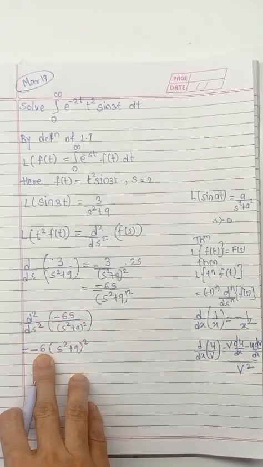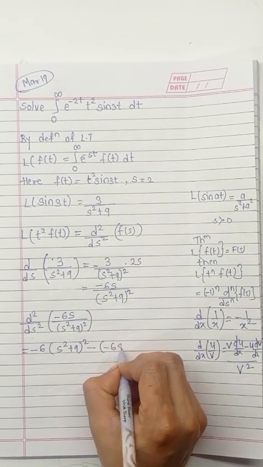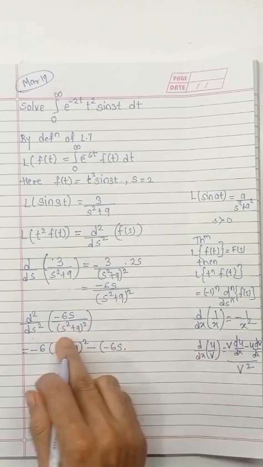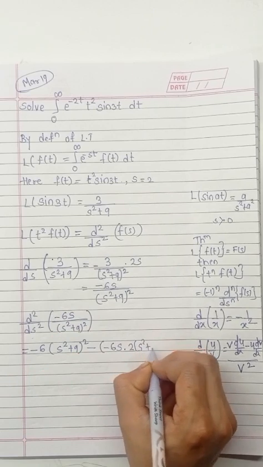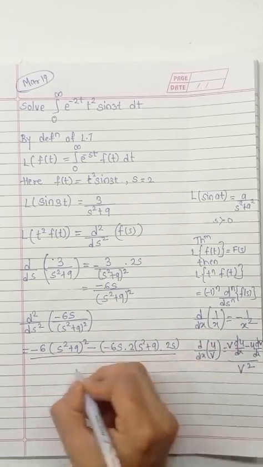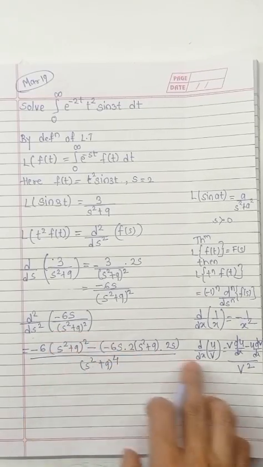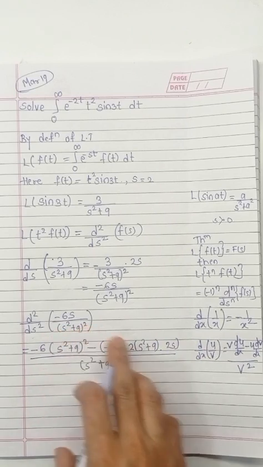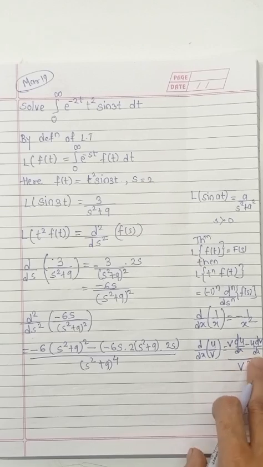The derivative of minus 6s becomes minus 6. Minus, keeping the first term minus 6s as it is, we take the derivative of s square plus 9 whole square. This becomes 2 times s square plus 9, and again the derivative of s square is 2s, the whole divided by s square plus 9 raised to 4, because v is s square plus 9 whole square and we take the denominator square.